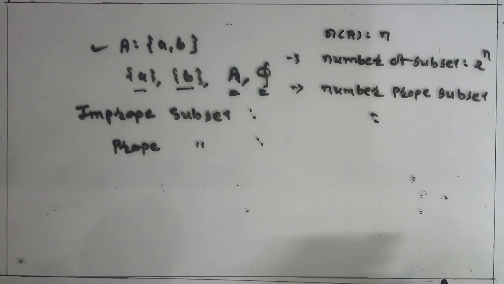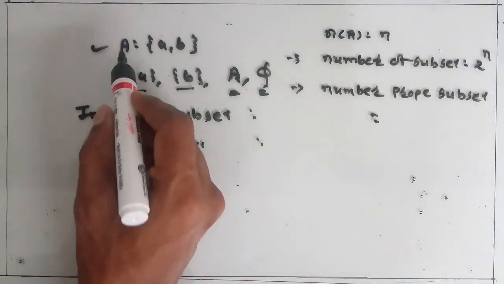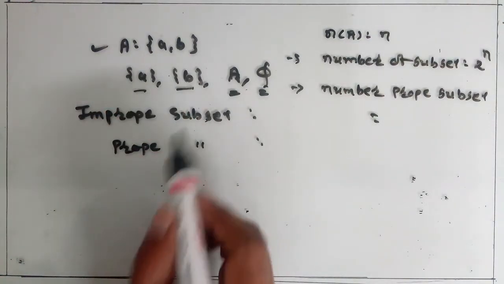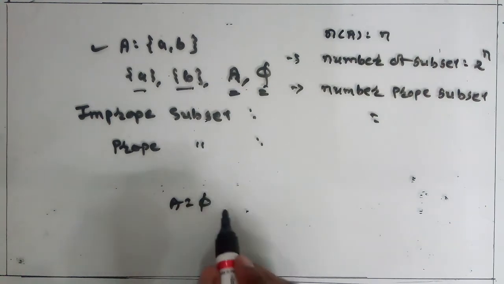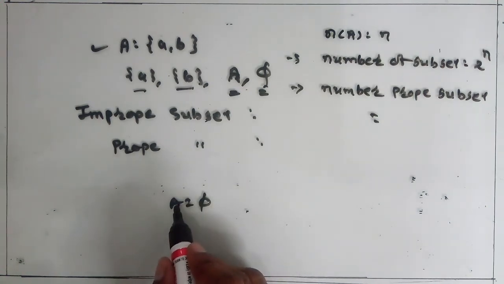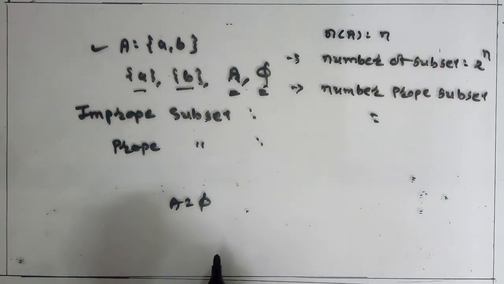Remember this here, if A has no element, that is a null set, then A has no proper subset.